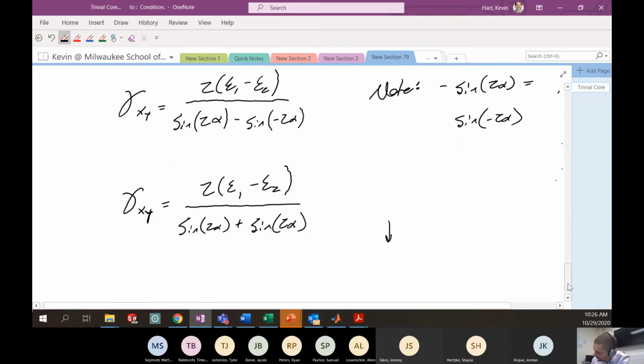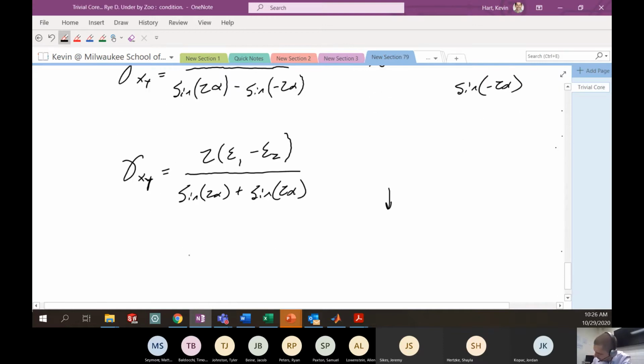Or I can simplify this a little bit further. I can cancel a 2 here. There's 2 terms in the denominator here. Very simply, gamma xy equals epsilon 1 minus epsilon 2 over sine 2 alpha.